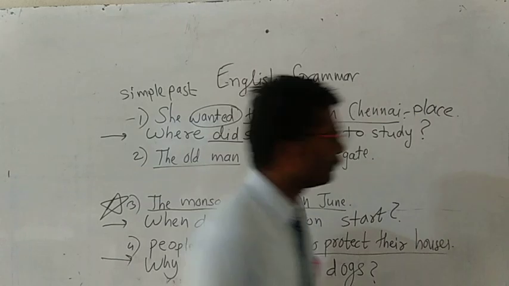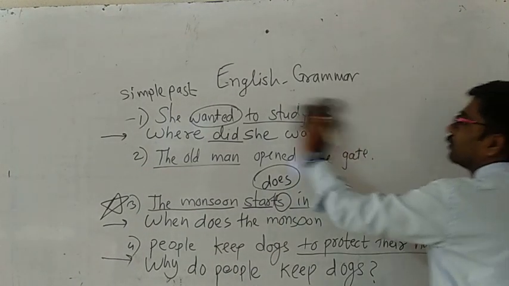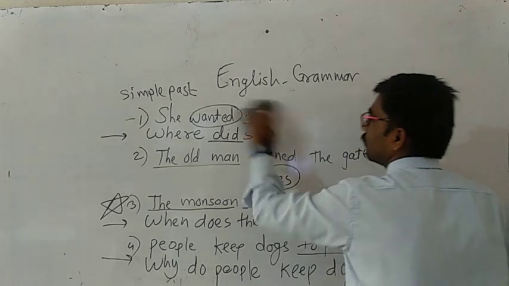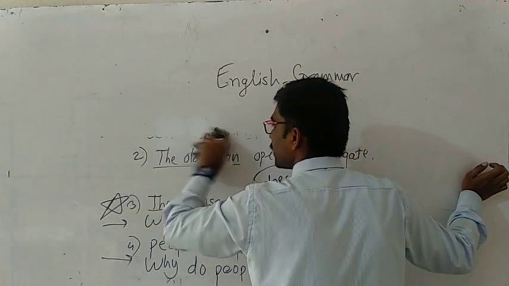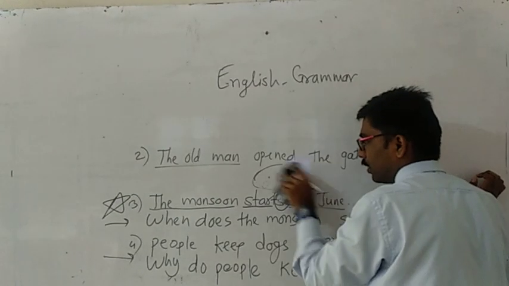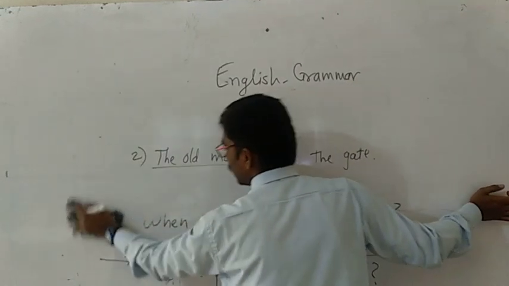Next one. Second one is different types. So this is the new rule for that. Another rule is there. That's why I did not solve.